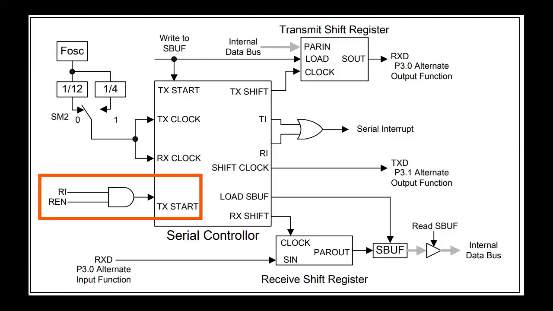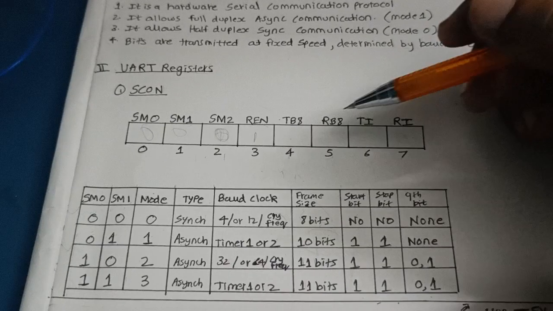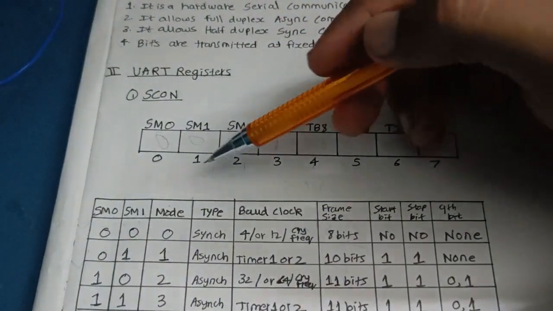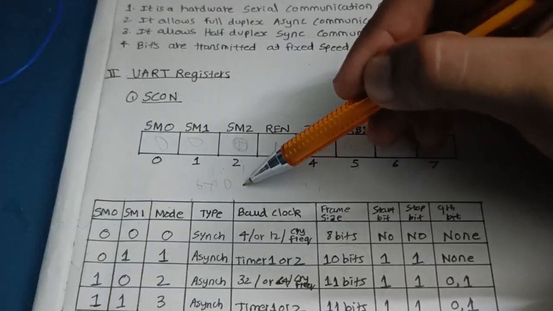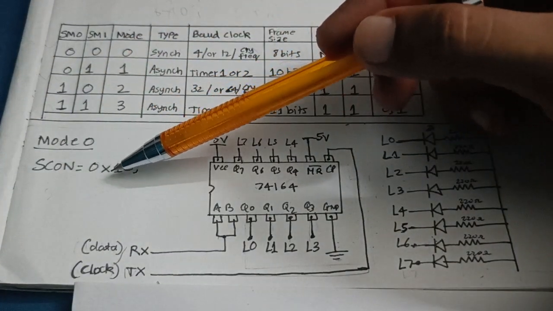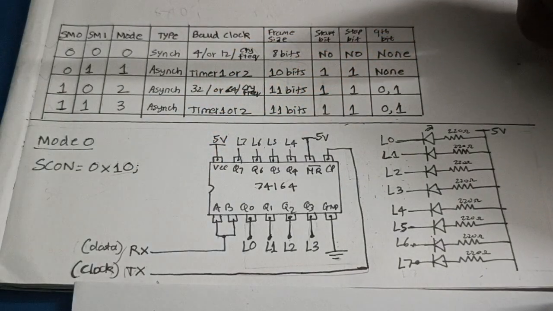Here you can see that RI bar and REN are connected to an AND gate. And these all bits remain 0. So the value is 0x10. In our firmware, we will write SCON equal to 0x10, which will set our UART in mode 0.